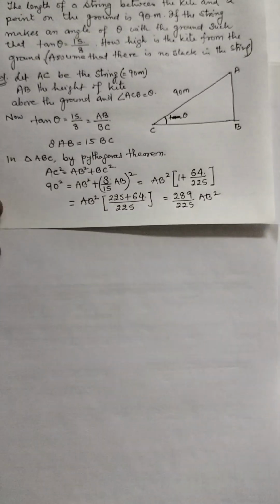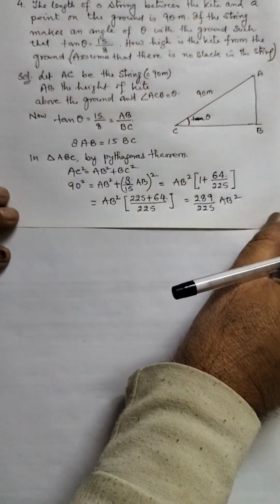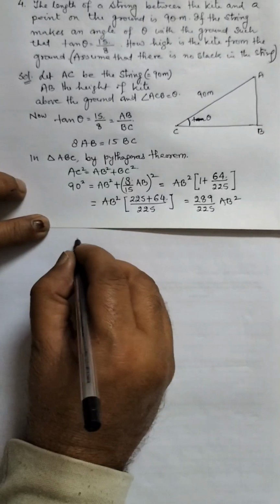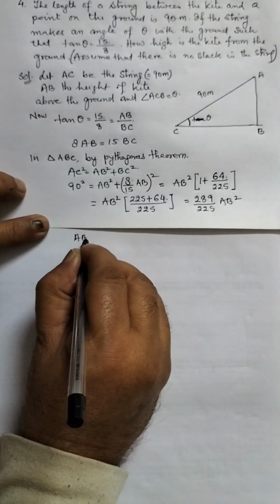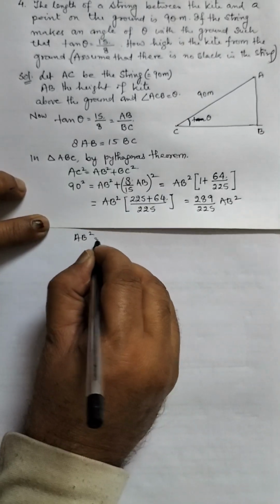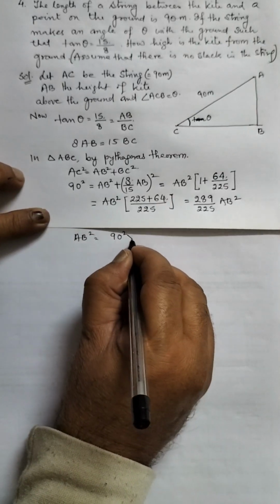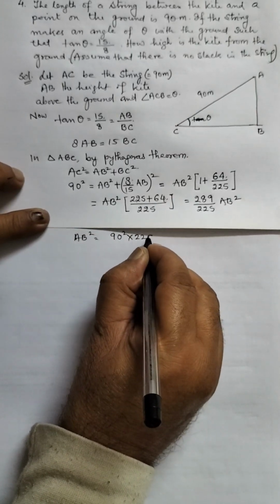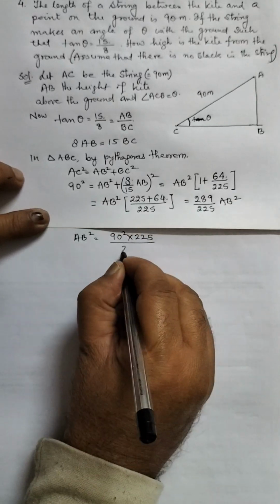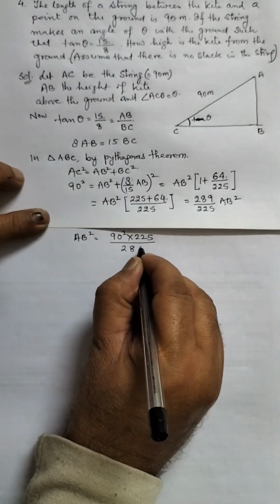Now, from this, we get AB square is 90 square into 225 upon 289.